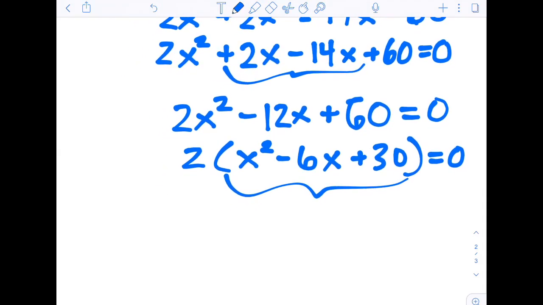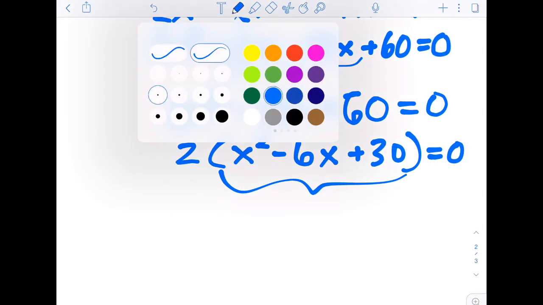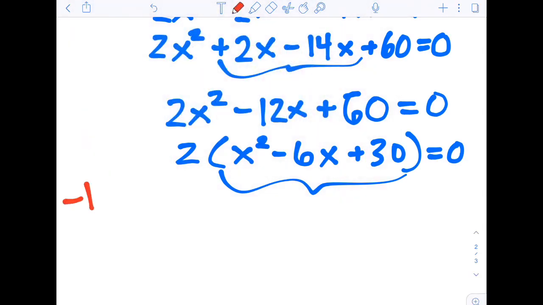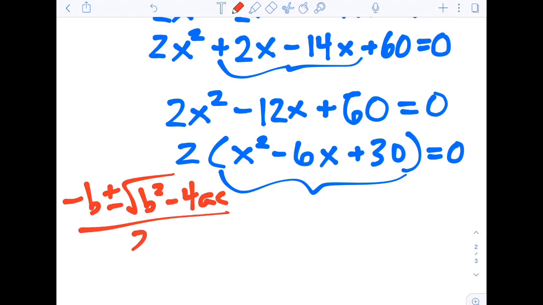If you remember, the quadratic formula is negative b plus or minus the square root of b squared minus 4ac, all over 2a. We have a, b, and c.